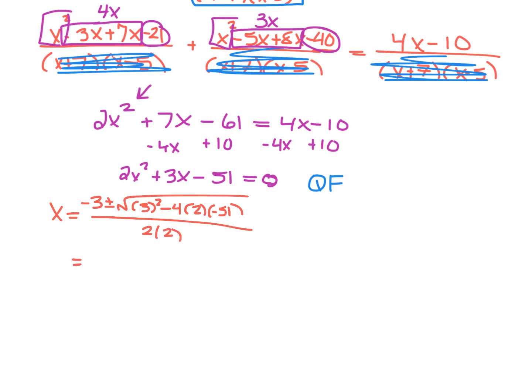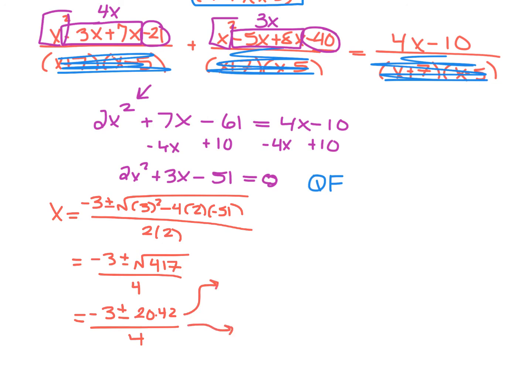Now if I simplify what's underneath the root, so 3 squared minus 4 times 2 times negative 51, I end up with negative 3 plus or minus the square root of 417 all over 4. I then take the square root of 417 and end up with negative 3 plus or minus 20.42 all over 4. And again, I'm okay if you just round for these, because for right now we're just trying to get an estimate of what x would be.